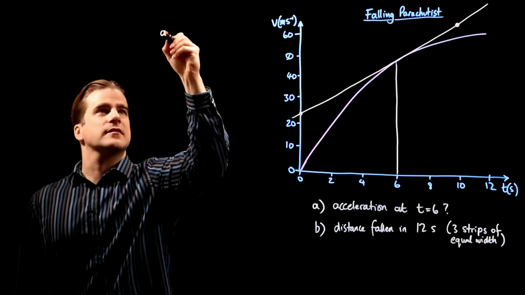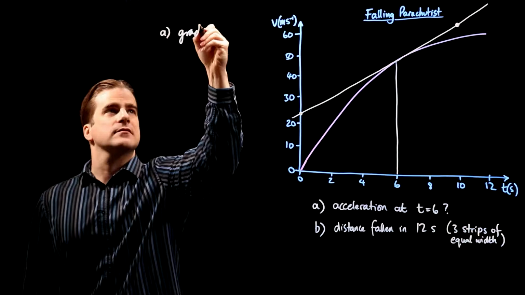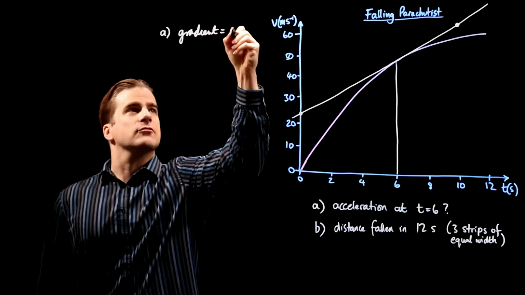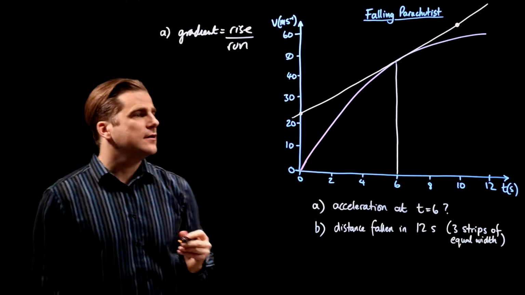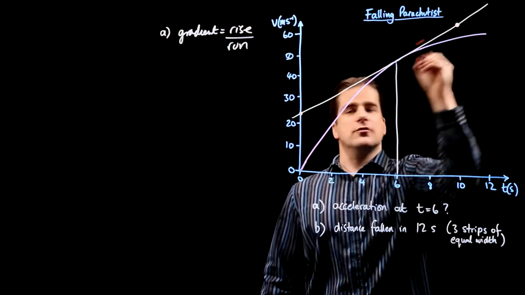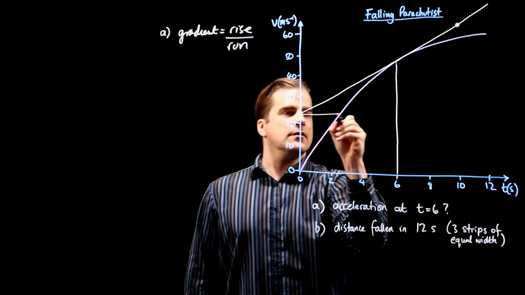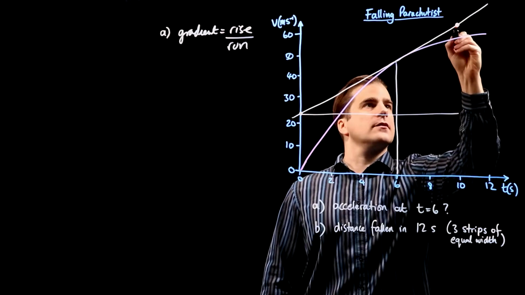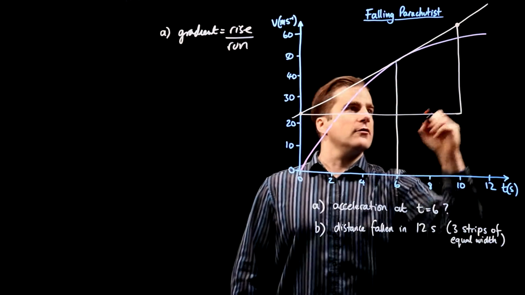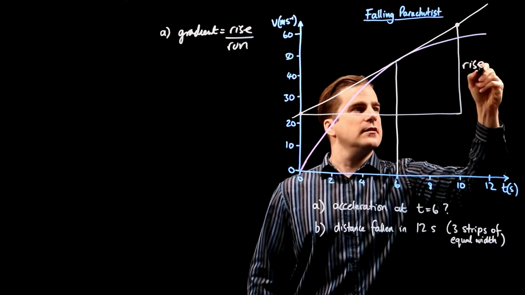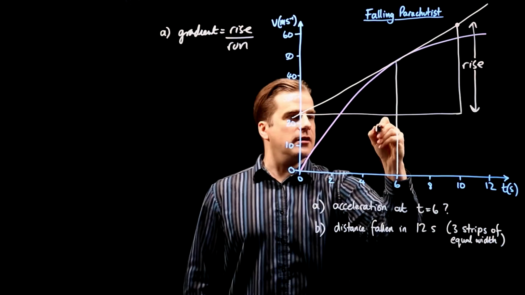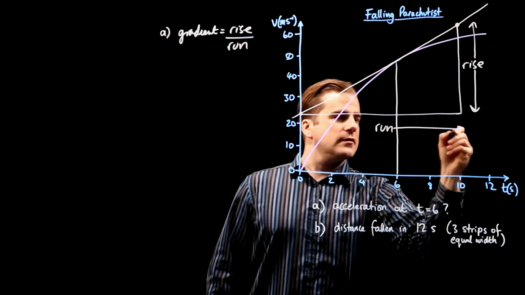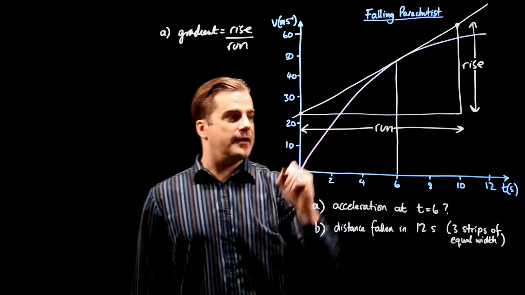So part A, the gradient is rise over run. So you've chosen your 2 points. The rise is that distance there, and the run is that distance there.